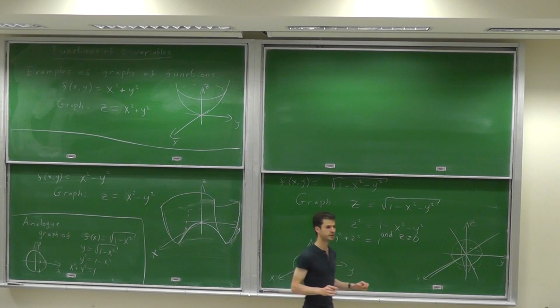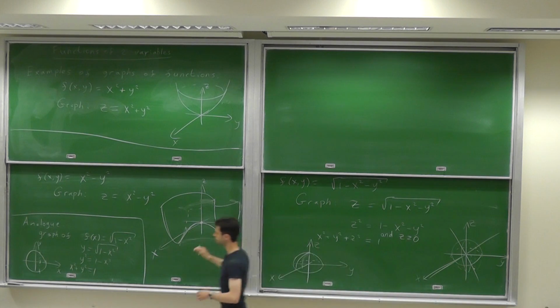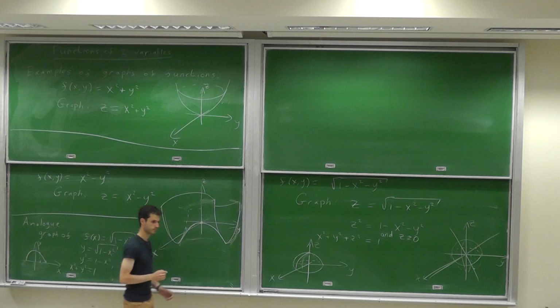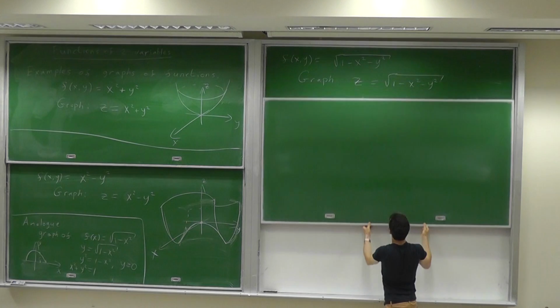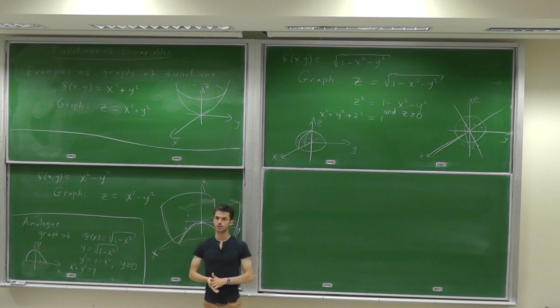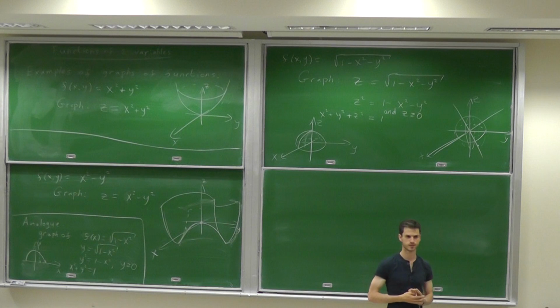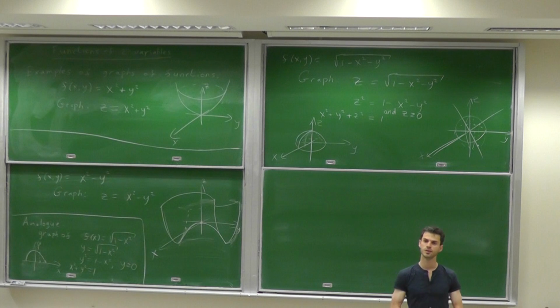For each point x, y, I can see what is the height above this point. Similarly here, this is the wrong graph. I should have only taken the upper half circle. Maybe any questions about these graphs? Like what they mean, why they look the way they do.